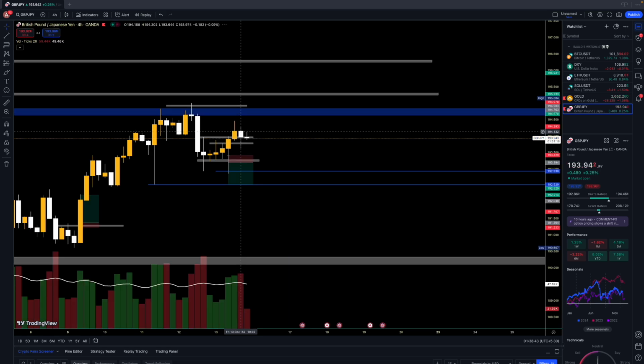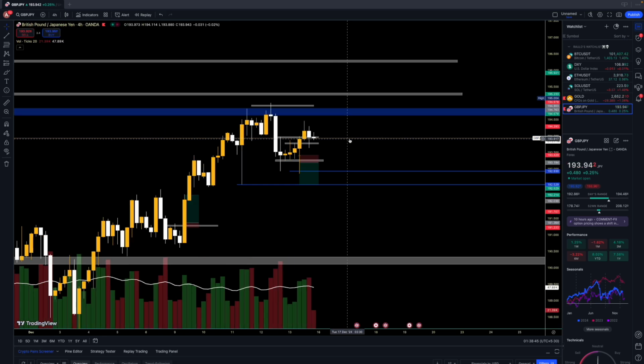But in the 4 hour time frame, I developed a confirmation bias from the daily time frame, because the previous day candle was bearish. So I developed a confirmation bias that I will only look for sells in GBPJPY.